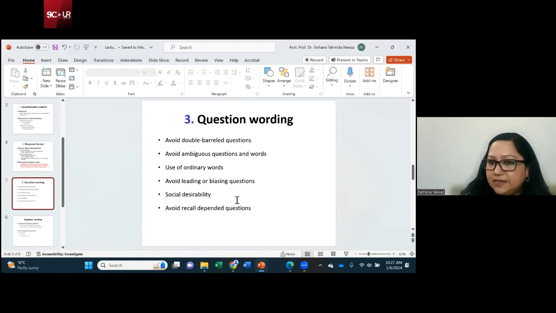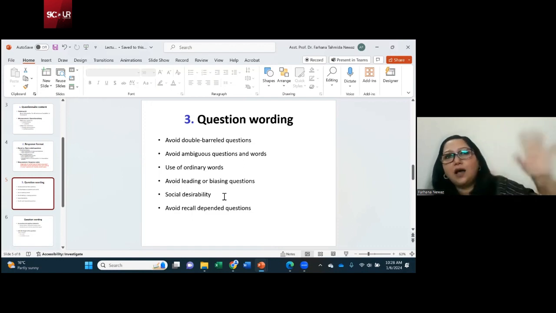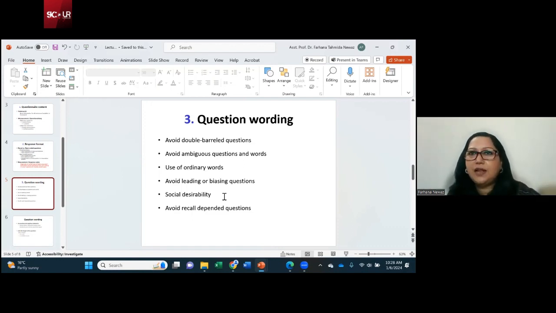And then social desirability. For example, there are some advantages and disadvantages to retaining senior citizens in the workforce. To what extent you agree? Though we are thinking that yes, senior citizens should take rest, they should go for retirement and they should not be retained, right?